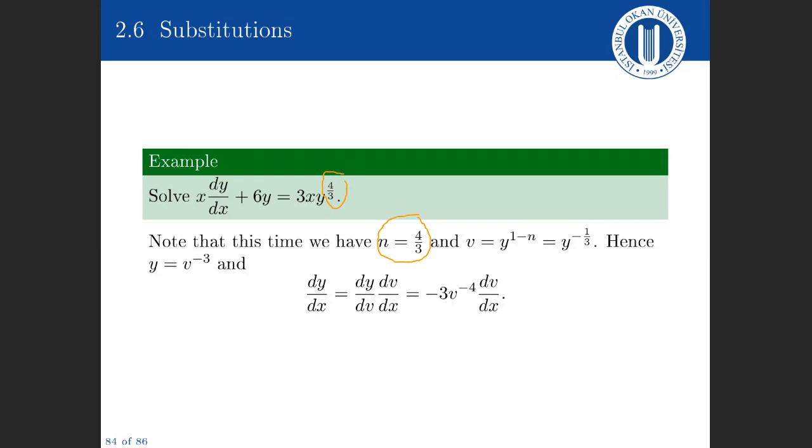So the substitution we want to do, v equal to y to the power 1 minus n, is the same as y to the power minus a third. That's the same as saying that y is equal to v to the power minus 3. And then when we do the chain rule, dy/dx is dy/dv times dv/dx, which is minus 3 v to the power minus 4 dv/dx. That's what we need to do our substitution.